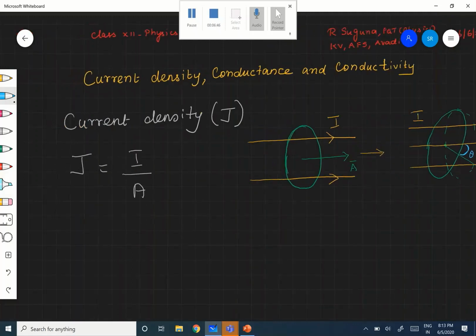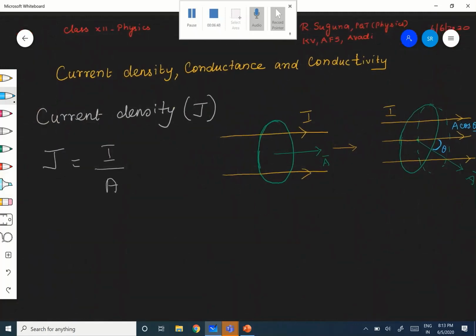Therefore, if I have to write the current density J, that is equal to I by A cos theta.